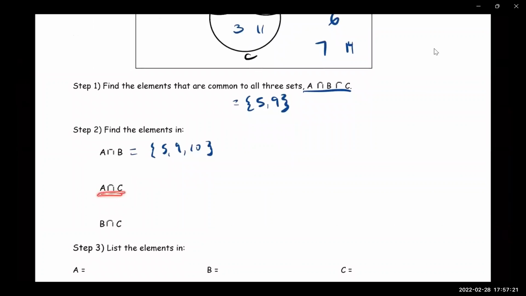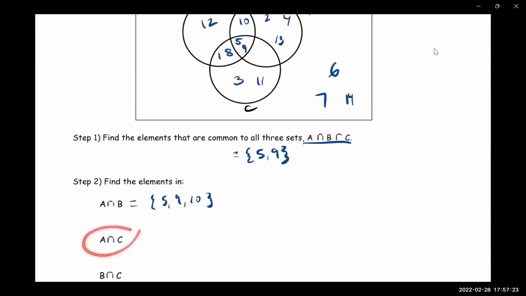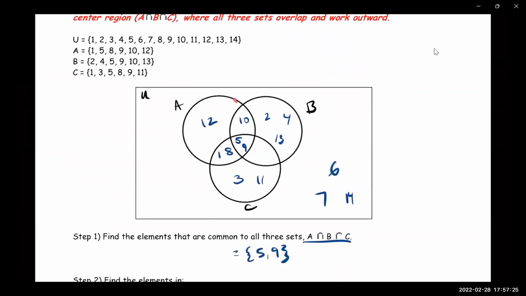All right, A intersects C. What's common between A and C, just looking at the Venn diagram? It looks like this whole part is common, right?